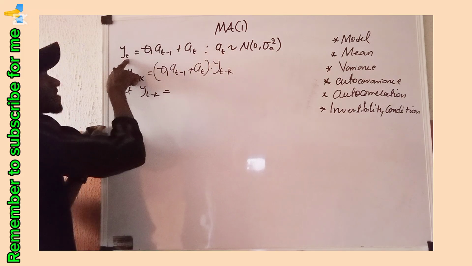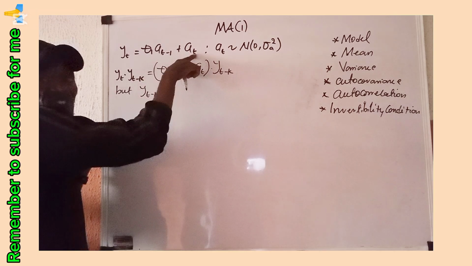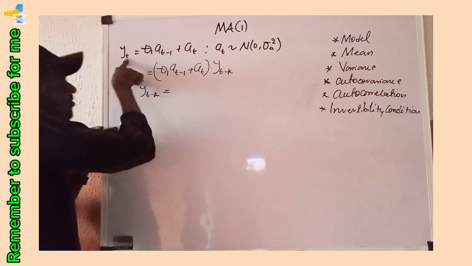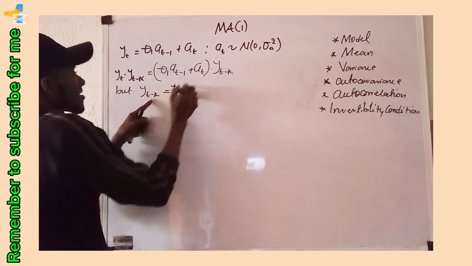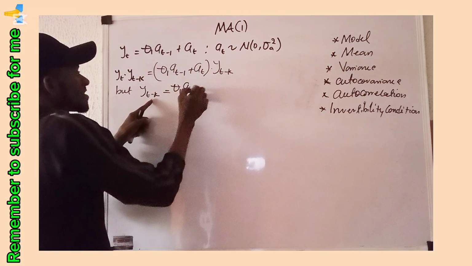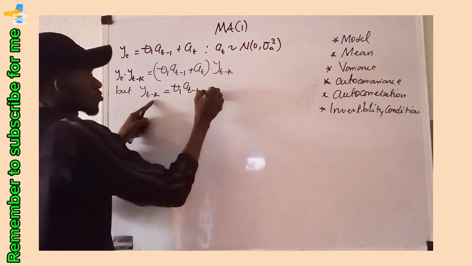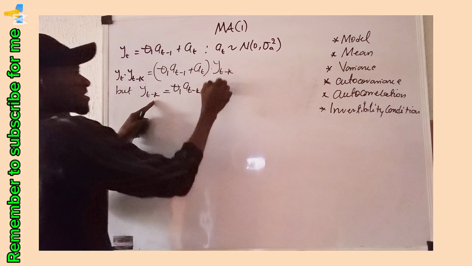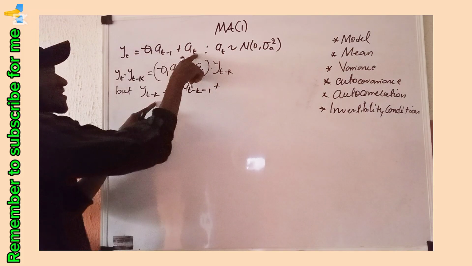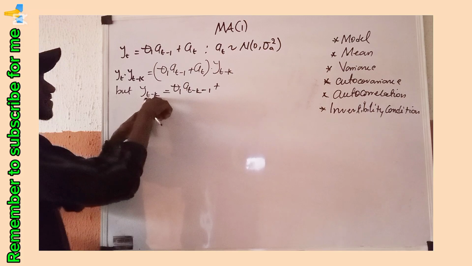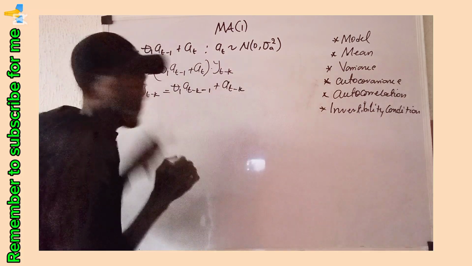When we had y of t, it was theta 1 a of t minus 1 plus a of t. So for y of t minus k, it becomes theta 1 a of t minus k minus 1, plus a of t minus k.